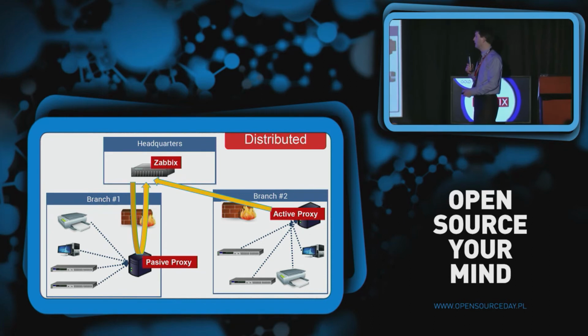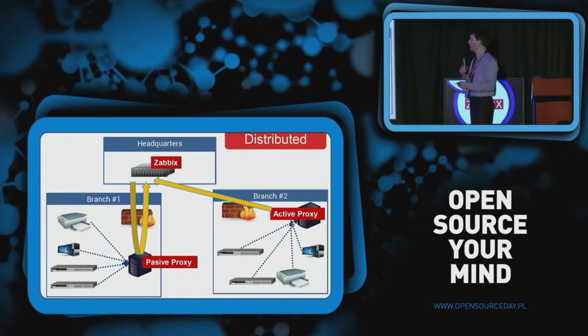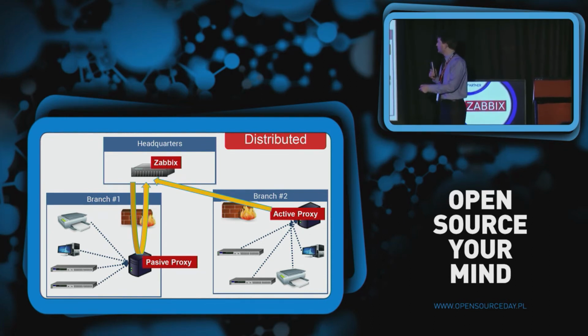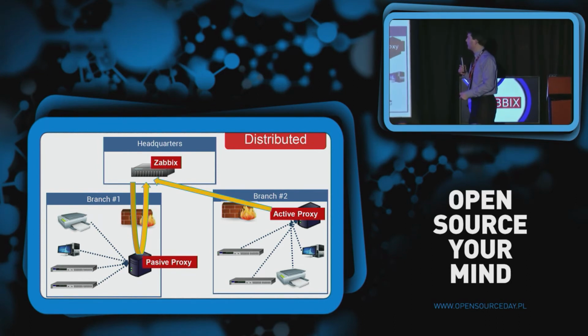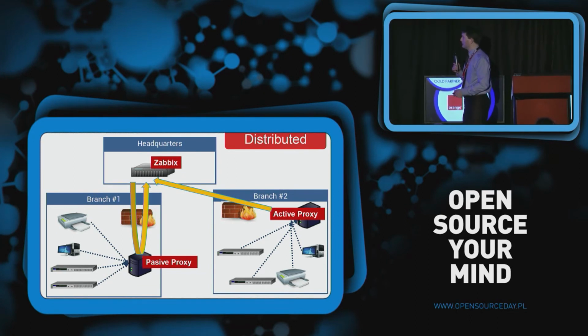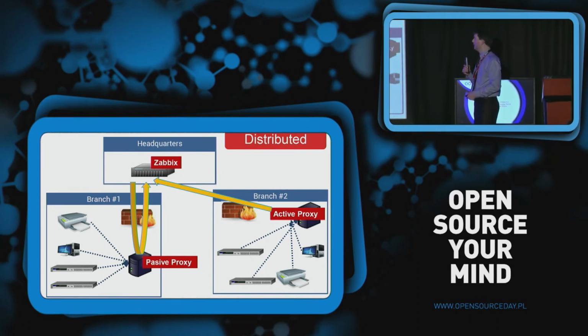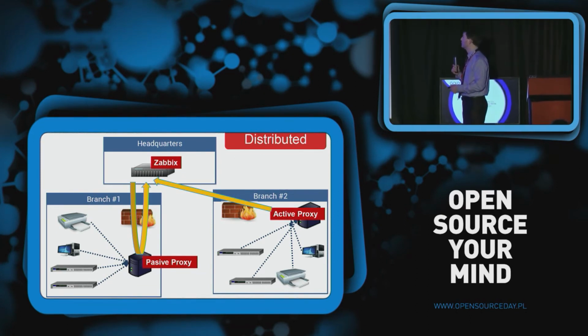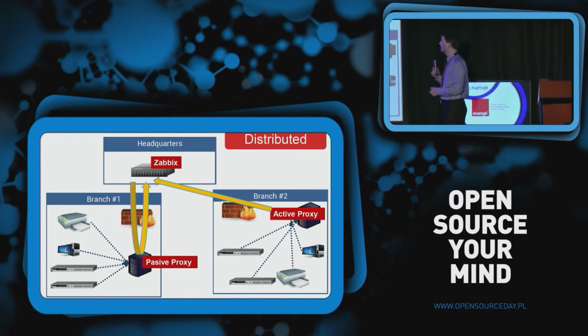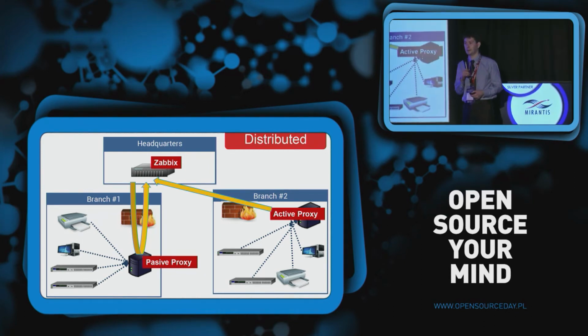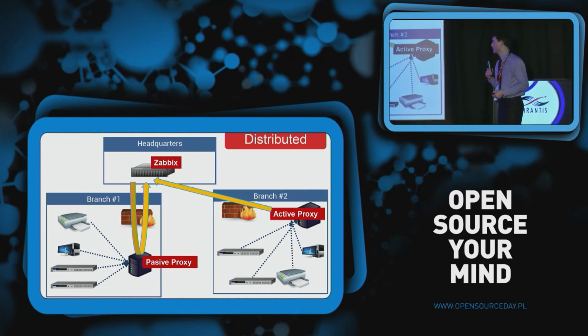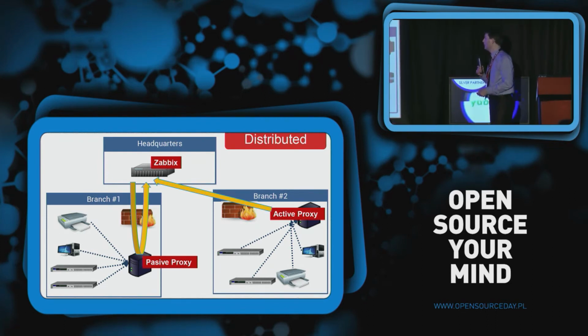A proxy is basically a lightweight process which collects information from the local network of this particular location, and then sends this information to the headquarters, to the central Zabbix server for analysis. So that's how it works. And it's a very scalable solution.